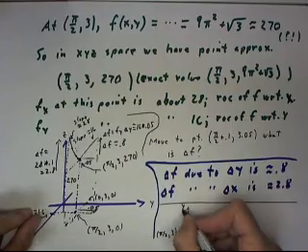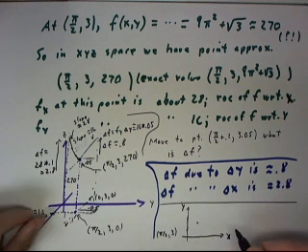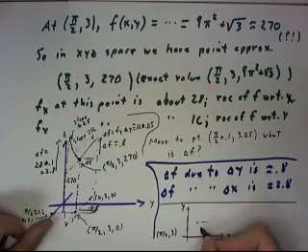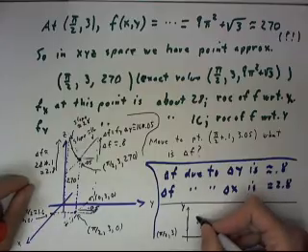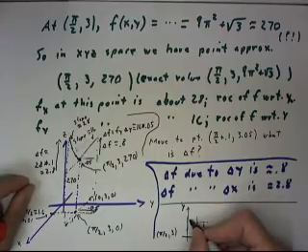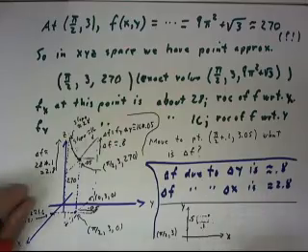Starting from this point, if we move 1/10 of a unit in the x direction, so we move over 0.1, and I'm exaggerating that distance, and if we move 0.05 units in the y direction, that's going to move us over to this point.